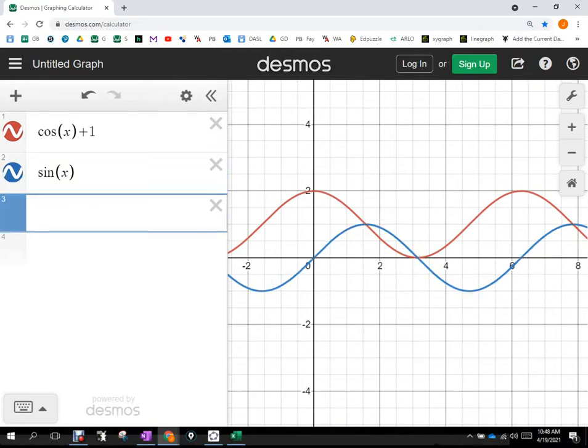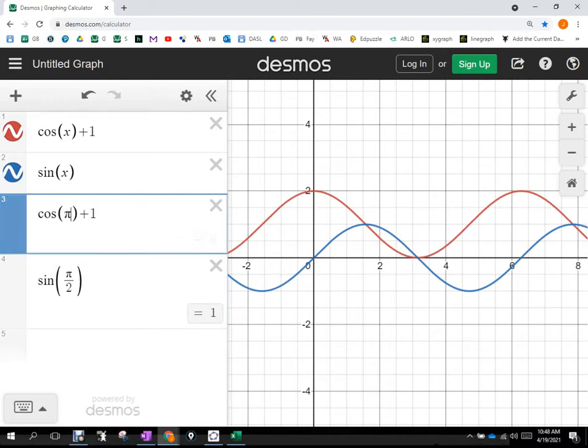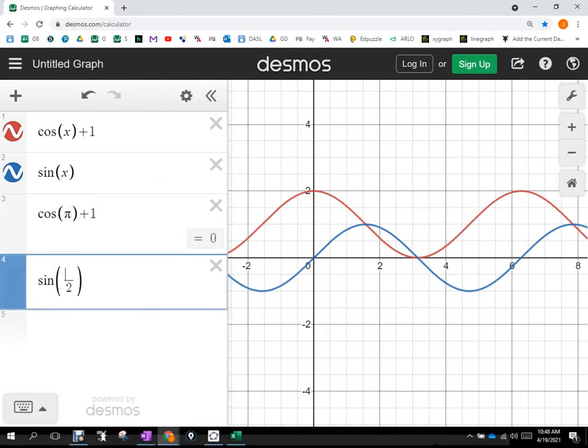So what happens, and I know I'm in radians here right now, but if I go cosine of 90 plus 1, does that give me the same thing as sine of 90? It does, right? Okay. Now if I go 180, that gives me 0 there, and gives me 0 there, right?